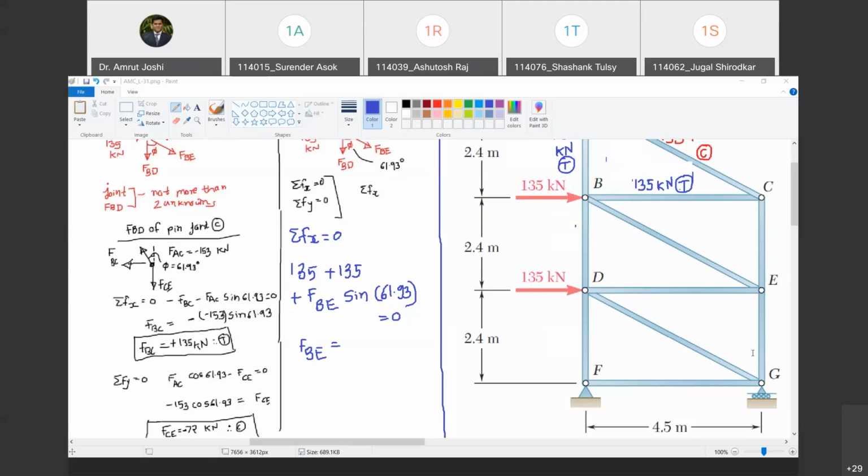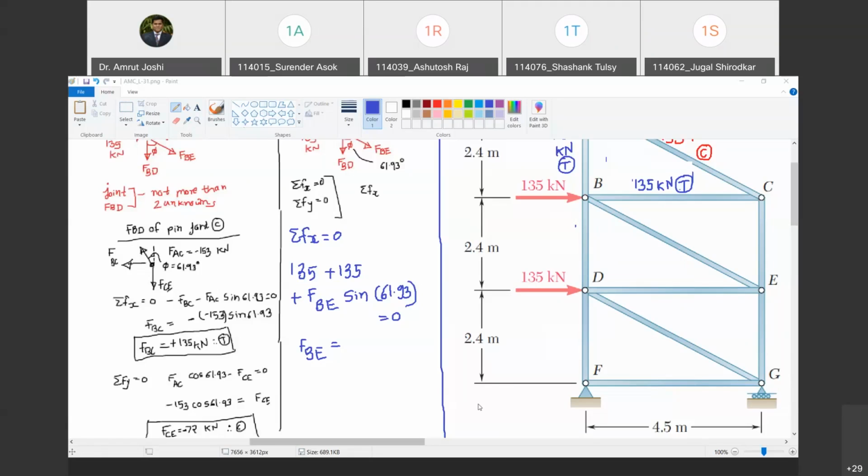I am going to get FBE as minus 135 into 2 divided by sine of 61.93. So I am getting it as minus 305.99, that is minus 306.